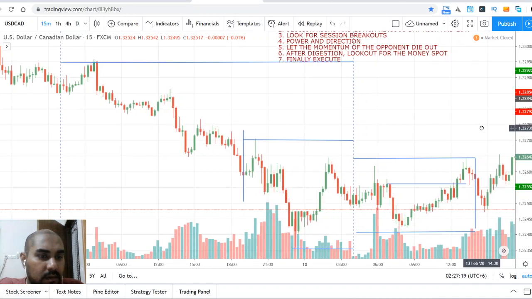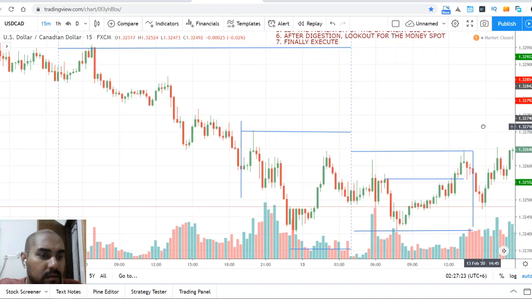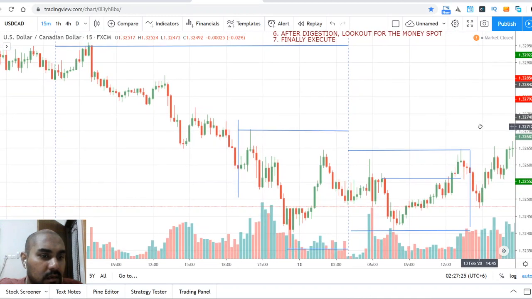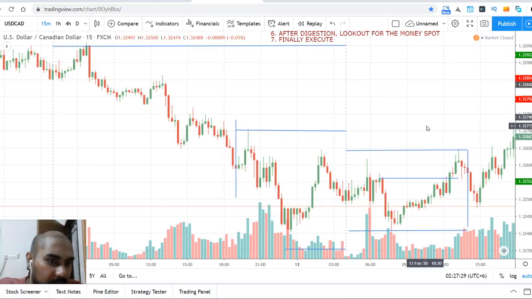Okay, let's see how the breakout happens. Next candle holds. Next candle holds. We have a breach here. Let's see if the breach holds.